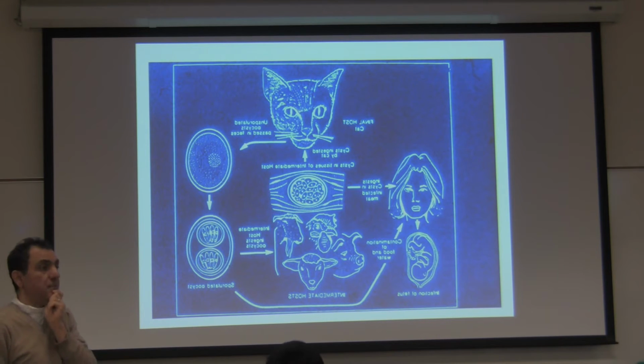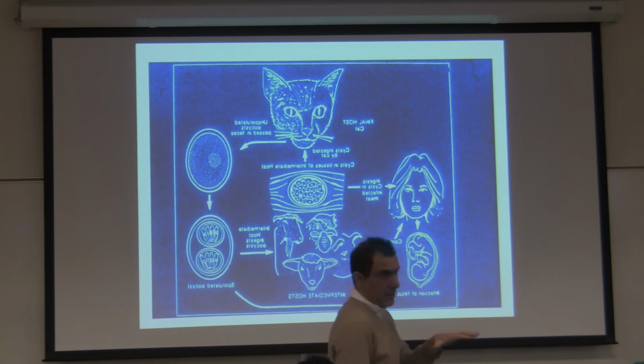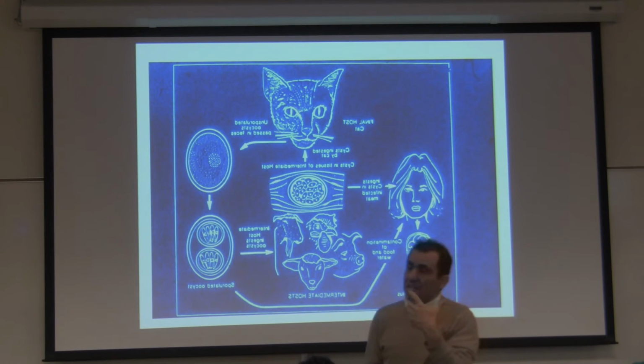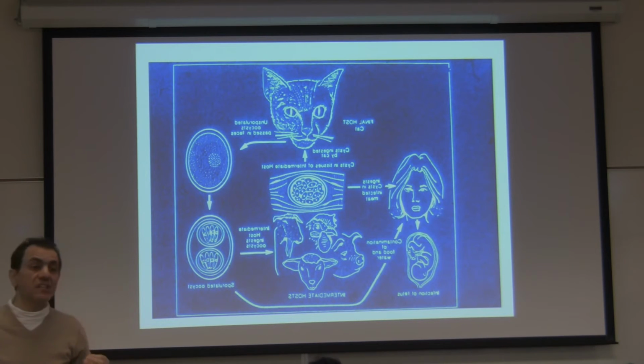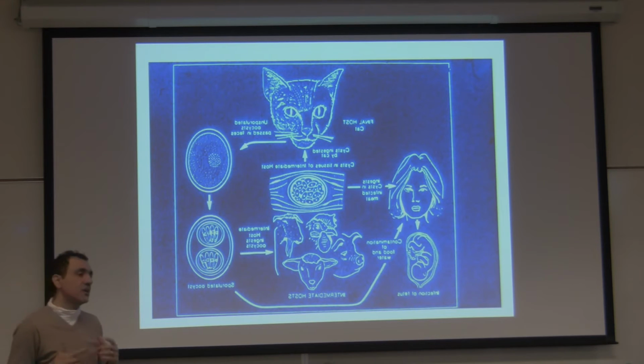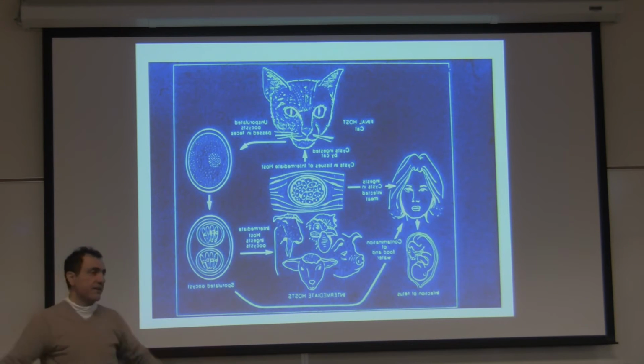If a woman is pregnant and she never had Toxoplasma gondii before, there is a 50% possibility that she can miscarry that baby, or the baby is going to be born mentally retarded, or the baby will have a hydrocephalic brain. I hope I'm making some sense. Okay, but that's the case when a woman did not have it before.